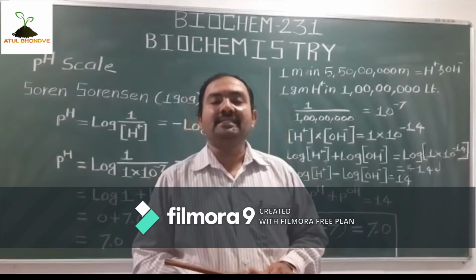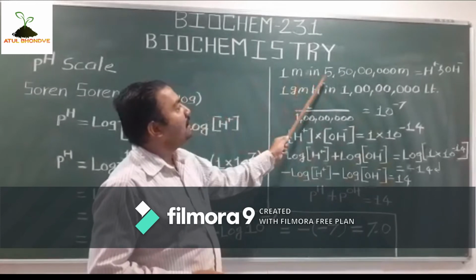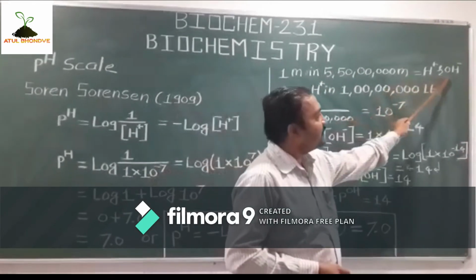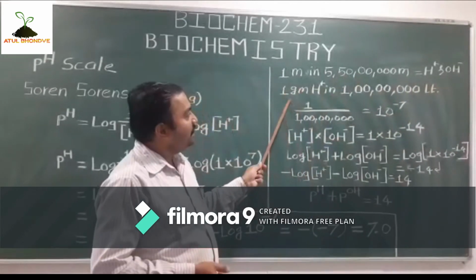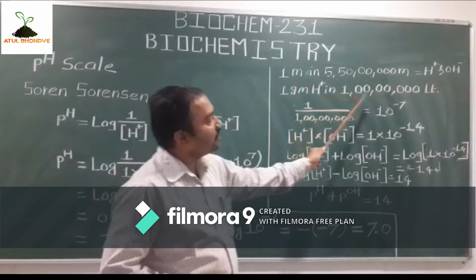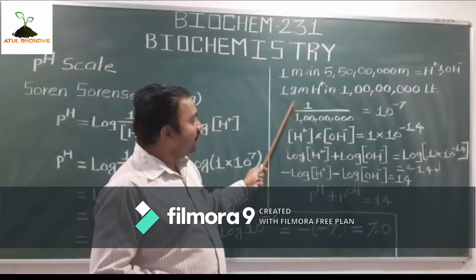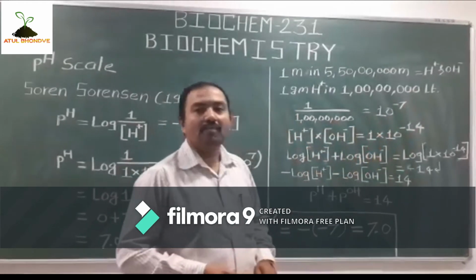Slight tendency means that 1 mole in 5 crore 50 lakhs moles gives rise to H and OH. This represents 1 gram of hydrogen in 1 crore liters of water, so it is calculated as 1 divided by 1 crore, which gives 10 raised to minus 7.